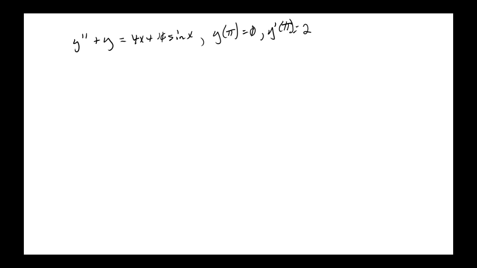Well, I mean, you can do complementary. And what would it be? Except, let's call it auxiliary. Okay. What's that? m squared plus 1 is equal to 0. Because the auxiliary is the homogeneous part, which assumes that the left-hand side is equal to 0. So that's where the 0 comes from. What does this give you?